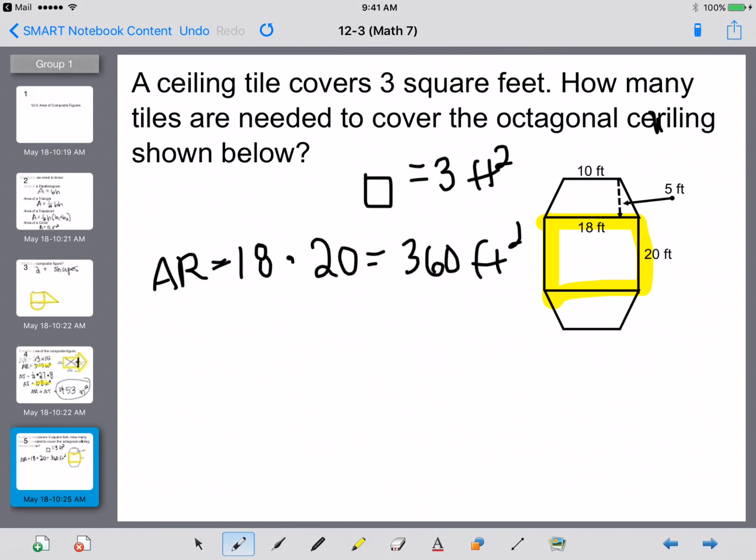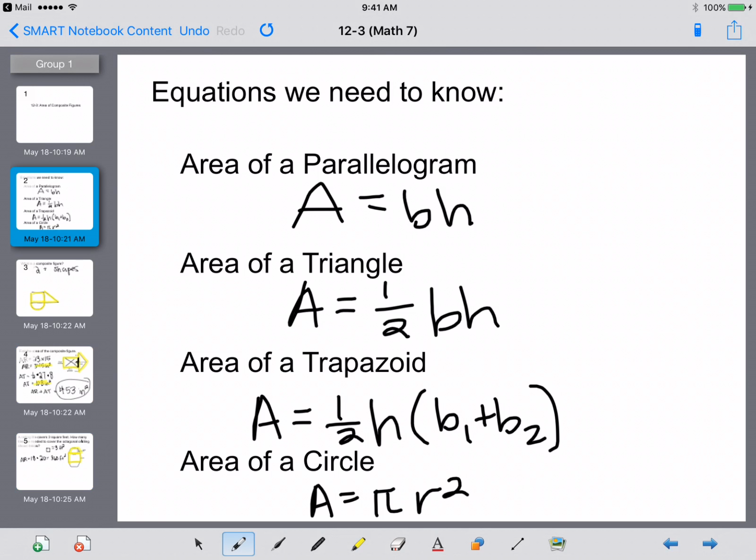Then we've got these two trapezoids over here as well. The one on the top matching the one on the bottom. So we're going to take the area of our trapezoid on top, which, looking back, the area formula is 1/2 h times the sum of the bases.